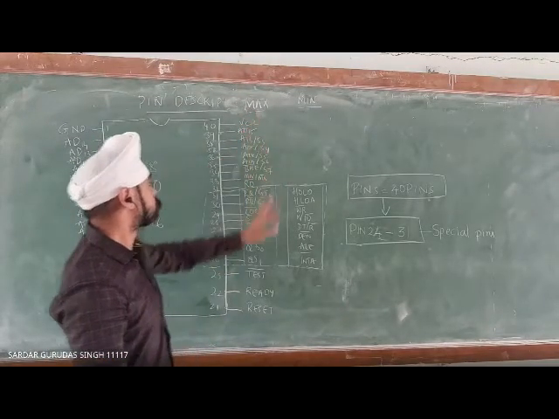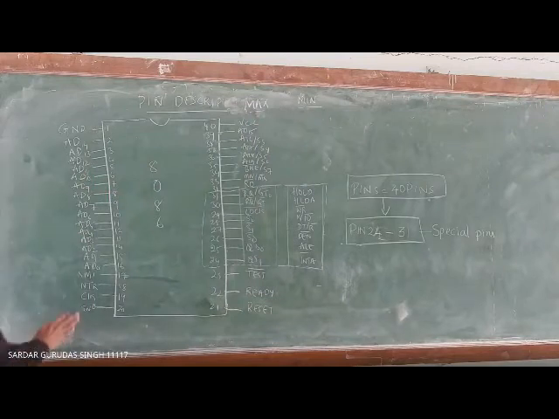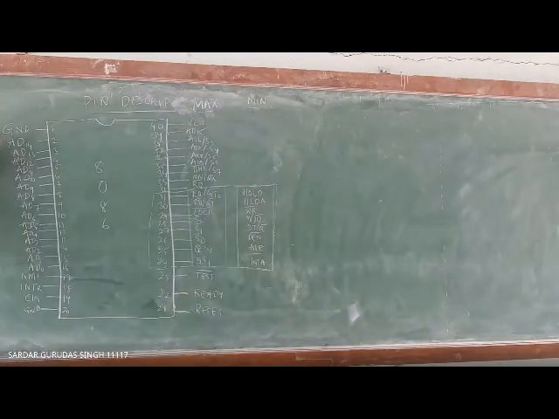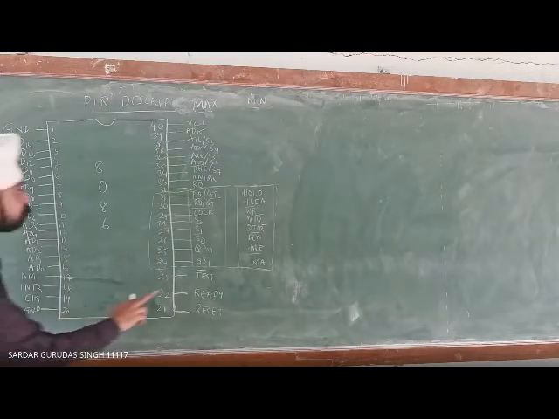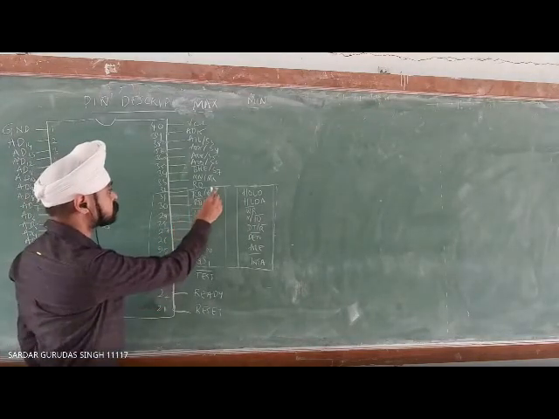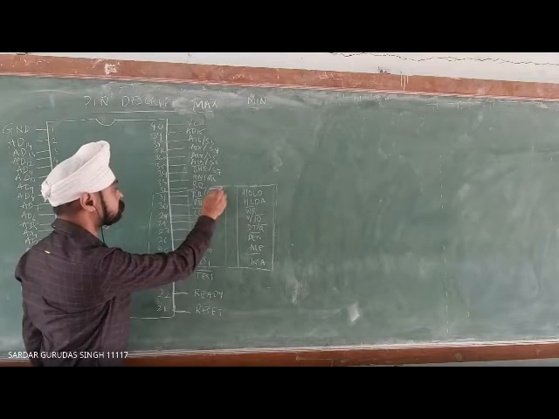Now let us understand each of these pins individually. The important thing that you need to observe while studying the pin description of 8086 is that if you observe all the pin names, there are a few pin names with a bar on top of the name.